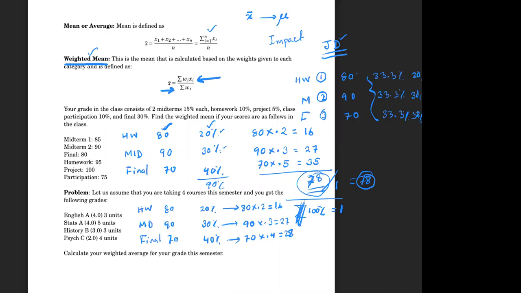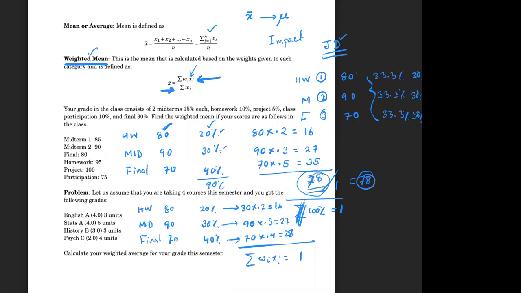Now, if I add all of this, I'm getting summation Wi xi. That's the numerator of it. And it gives me 7 plus 6, 13 plus 8 is 21. So it's going to be 1, right?